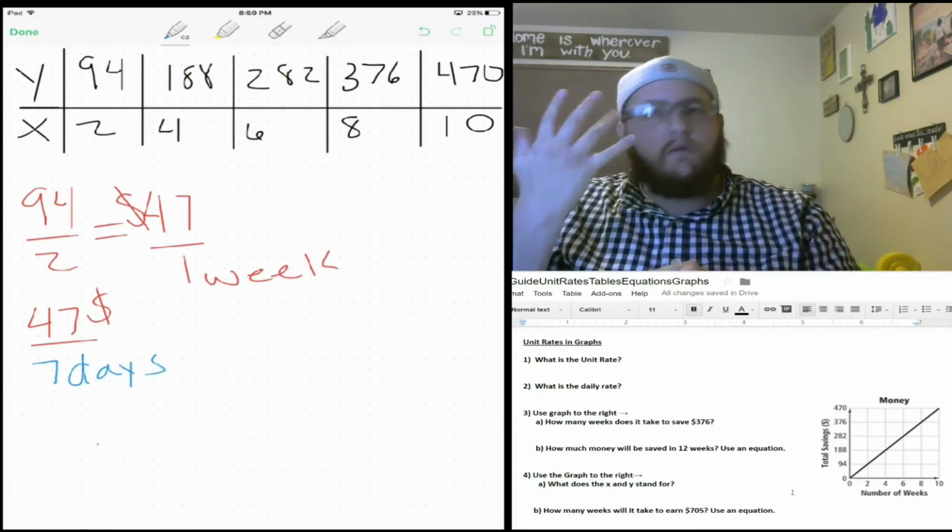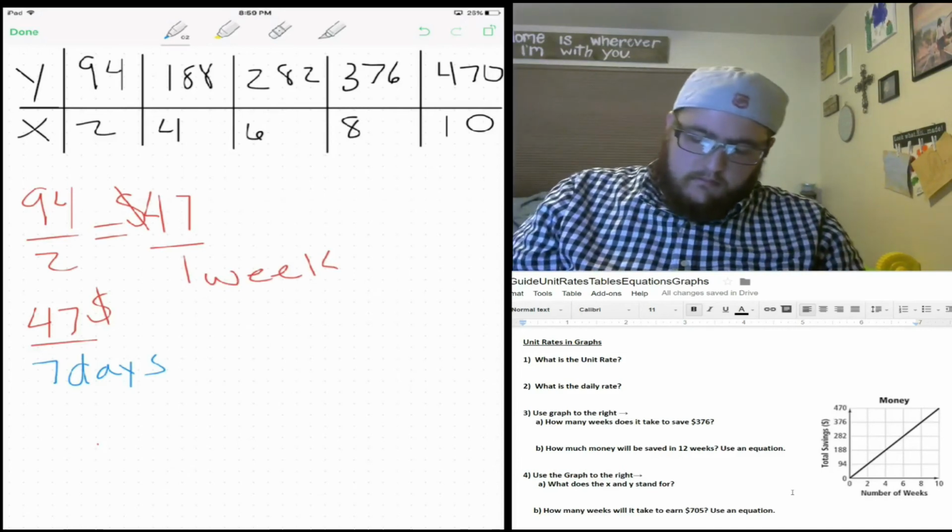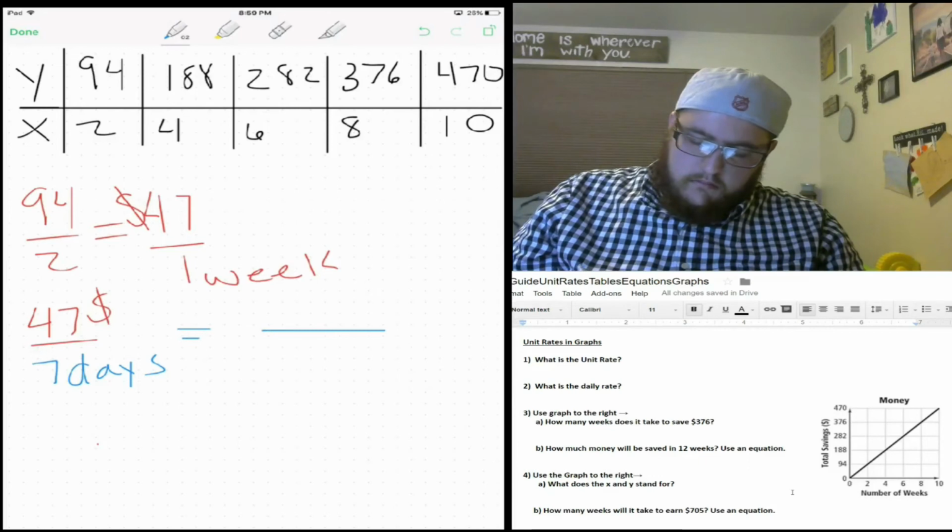And since it wants to know the daily rate, it's asking us for the unit rate in days. So once again, we're going to have to take a rate and turn it into a unit rate.